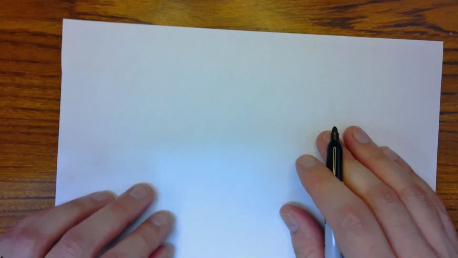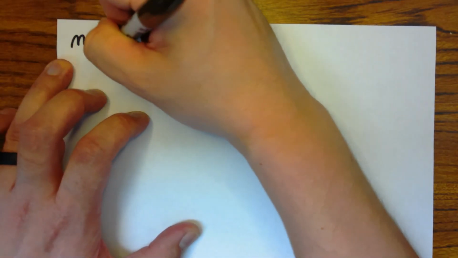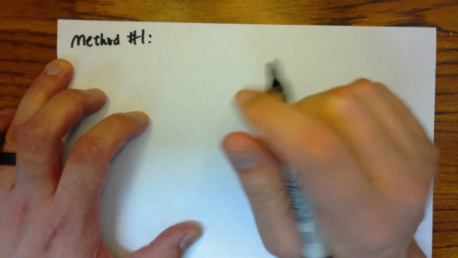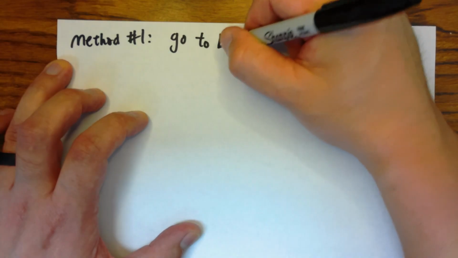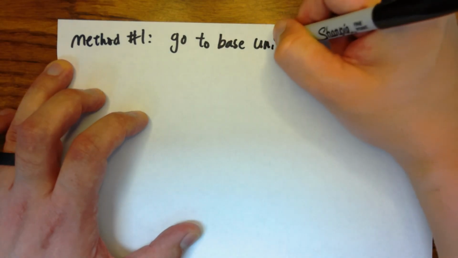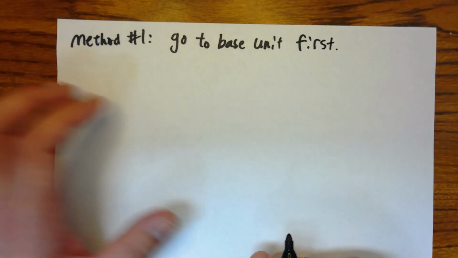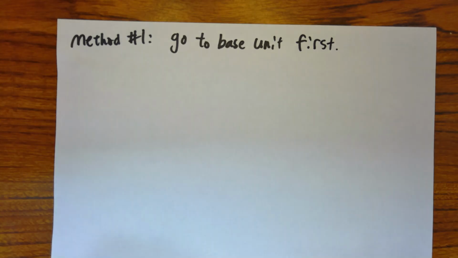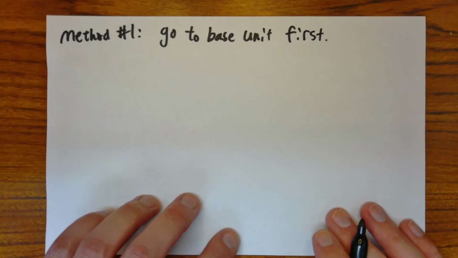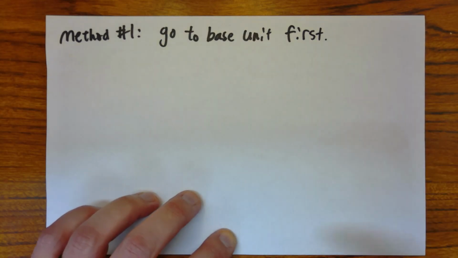So for the first approach, we're going to go to base unit first. This is like taking a flight to a hub airport, where you're going to have a layover before going to the destination. The base, the hub, is the base unit.